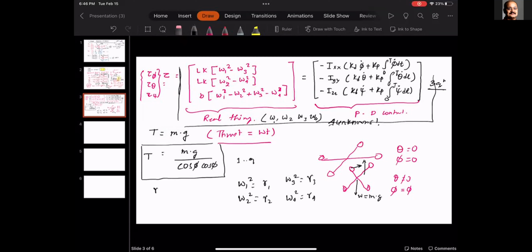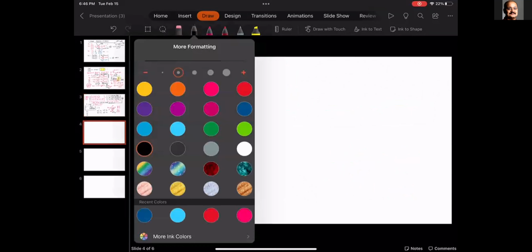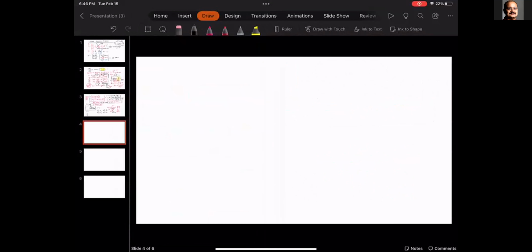I want to find the values of gamma 1, gamma 2, gamma 3, and gamma 4 from these four linear equations. MATLAB would do that for you. You don't have to write it, but please understand these are simple algebraic equations. Some mathematical manipulation is required, but you can find these answers. And I'm going to just give you the answer.